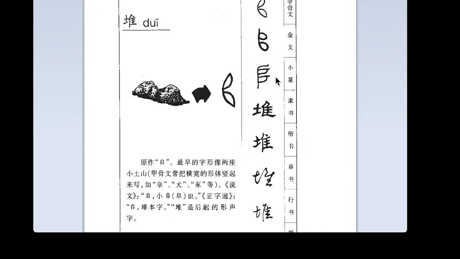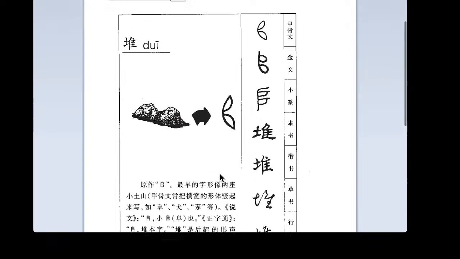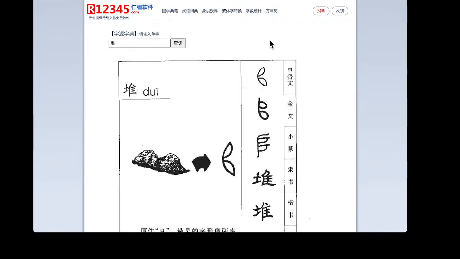Then this becomes a radical, used to build more characters. So every time you see that radical, it means it is related to dirt or hill or earth. Originally it looks like this. Now it looks like this. So that's 堆.